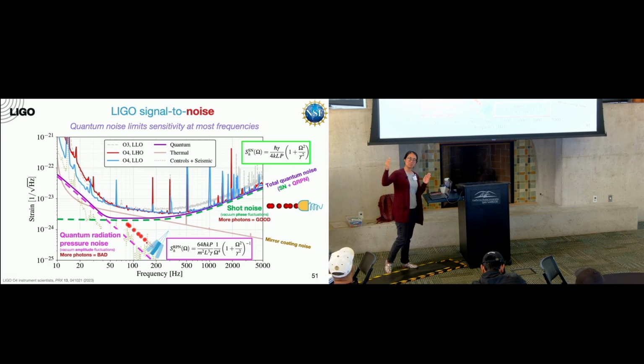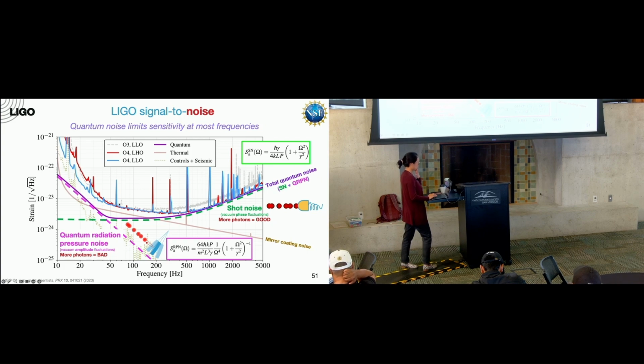So we drive the end mirrors and we look at the line heights in our displacement spectrum, and we work with NIST on the calibration of that photon drive at the end mirror. So we do photon calibration of the displacement. And those are tones that are injected in real time. So we're always monitoring the line heights, and if the line heights go down, that's because somehow our detector configuration has changed and we're now less sensitive there, likely because something has misaligned because of the temperature or something.